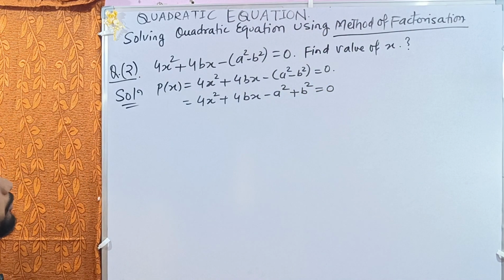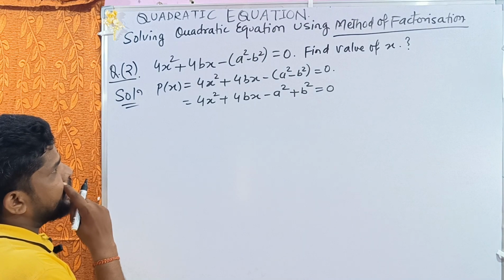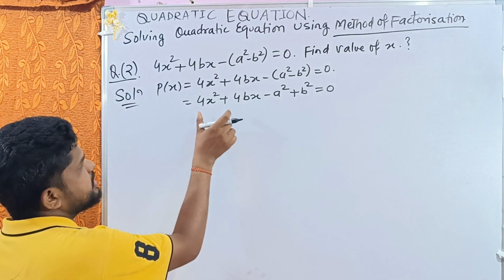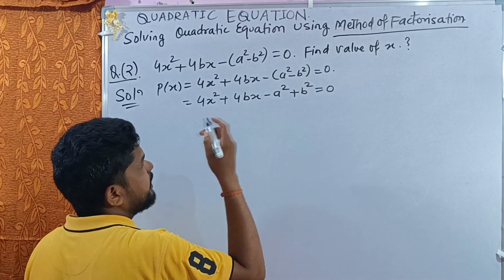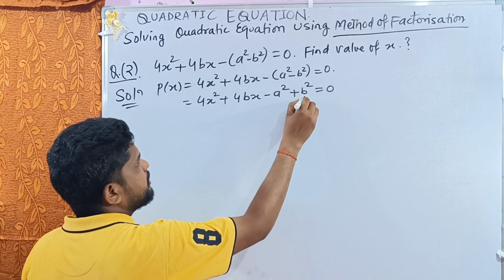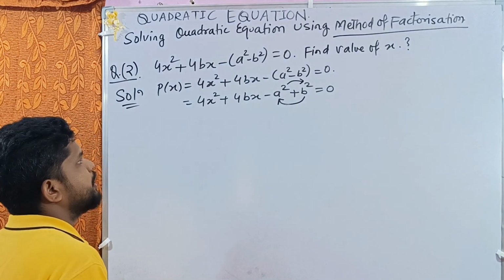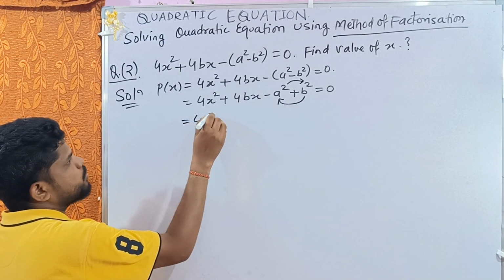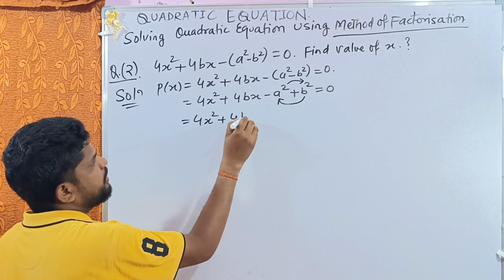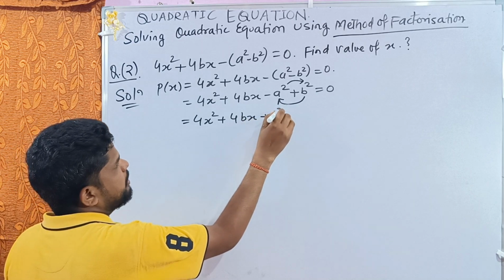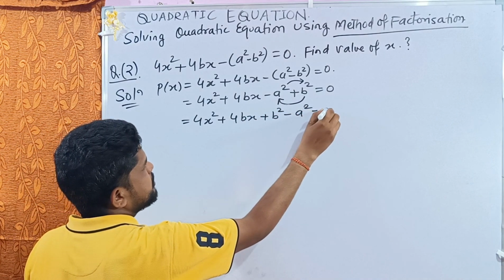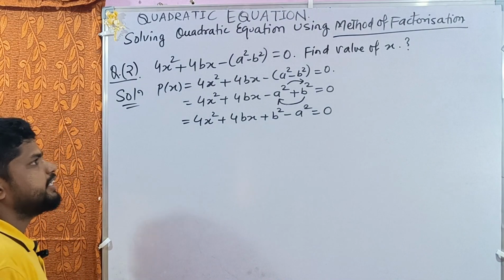Yes. Now if we rearrange this algebraic expression and shift this b square to here and this a square to that side, we will get 4x square plus 4bx plus b square minus a square equals 0, isn't it?